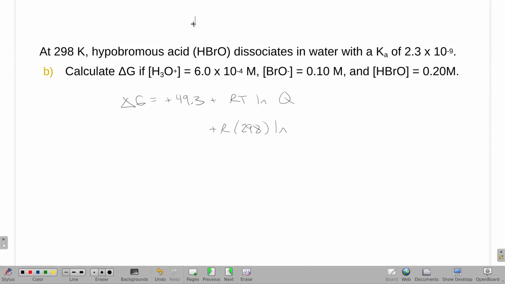And our Q will be products over reactants. And any weak acid, bump it into water, the products are H3O plus and A minus. So our H3O plus is 6.0 times 10 to the negative fourth. Our A minus is the BrO minus, and the HBrO is 0.20.